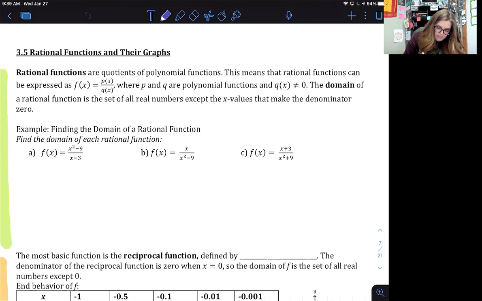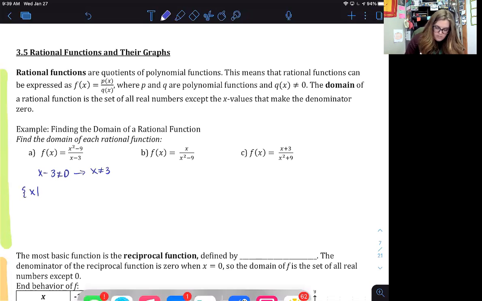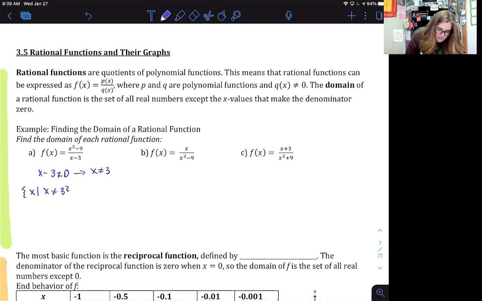Because of that x minus 3, we have x minus 3 cannot equal 0, which tells us x cannot equal 3. So our domain, the way you're going to see it in your homework, is the set of all real numbers x such that x does not equal 3. That's your set builder notation for domain.